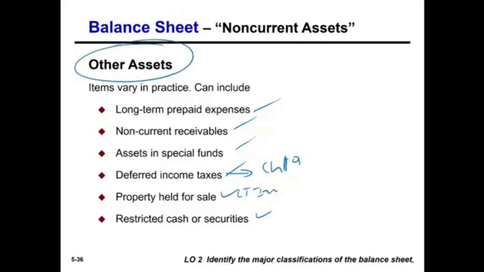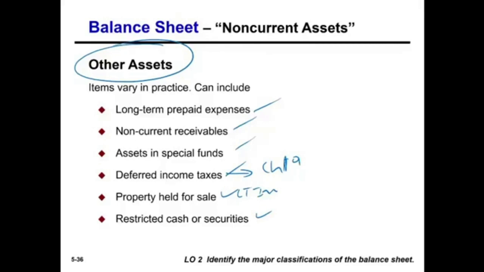In other words, the company will always have this option. If they don't know where to put an asset, and it's not current, not long-term investment, not PP&E (property, plant, and equipment), and not intangible, well, guess what? You could put it under other assets. So you'll always have this category.